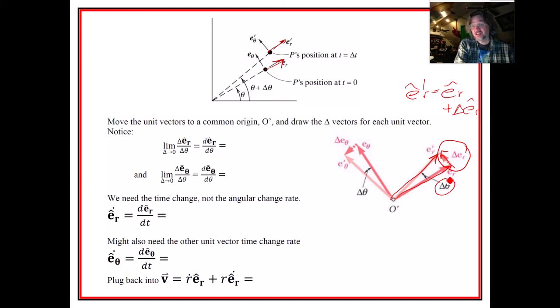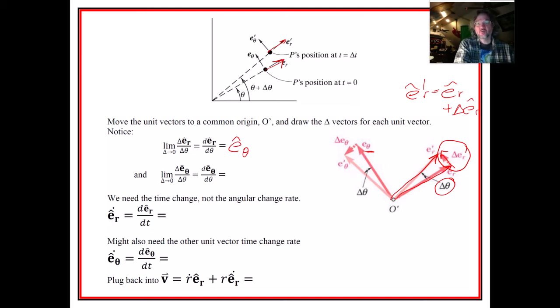As that delta theta gets smaller and smaller, we can see that the change in e_r begins to point in the same direction as e_theta. So the limit of that change in e_r, as we take smaller and smaller increments of theta, converges to the e_theta direction. So the angular derivative, not the time derivative, of e_r is e_theta.